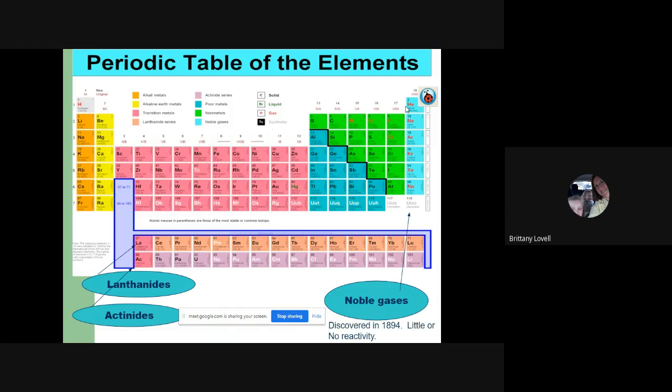So that's what you're going to write right there: horizontal rows, called periods or energy levels. If you're looking at the periodic table, how many rows or energy levels do you see? 7. There are 7 rows or energy levels.